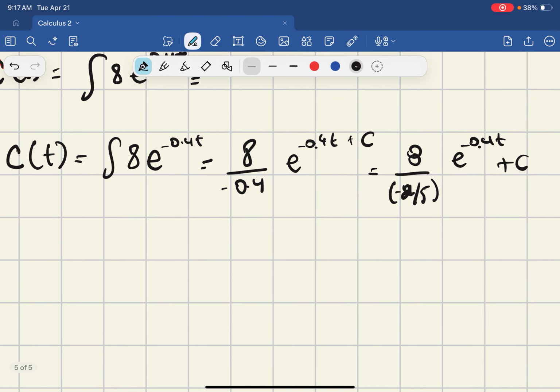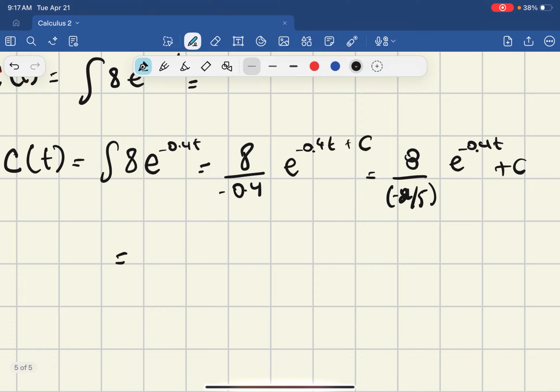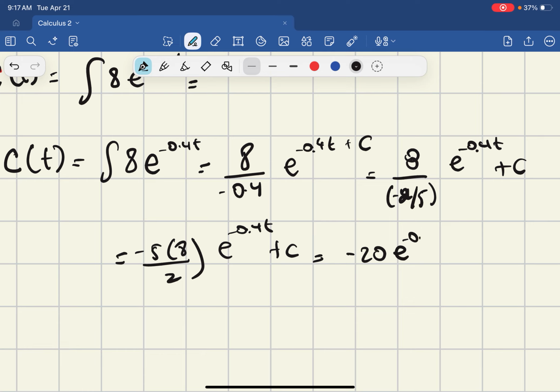Since you have to multiply by the reciprocal, this would be 5 times 8 over 2 times e to the negative 0.4t plus c, which gives us negative 20e to the negative 0.4t plus c.